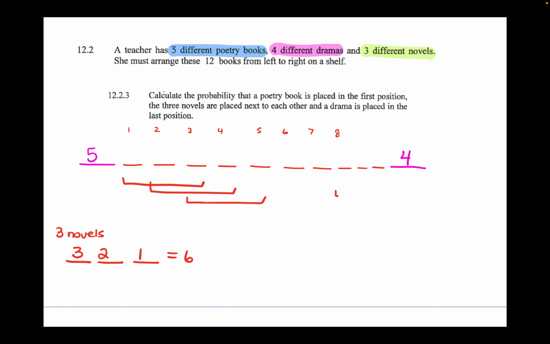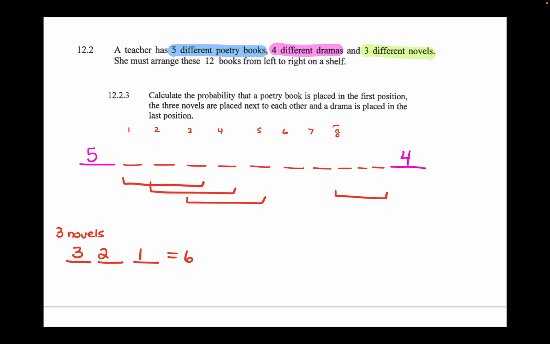The last place the novels could start would be in position 8. And the other books that haven't been put anywhere would go in the other spots. So we have 8 factorial options for where the novels could go as a group, and then with the other books that haven't been placed.